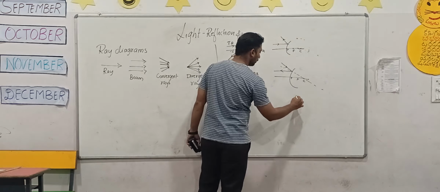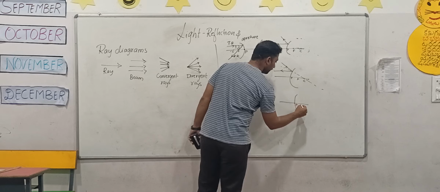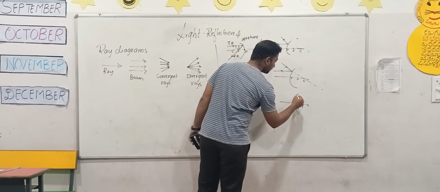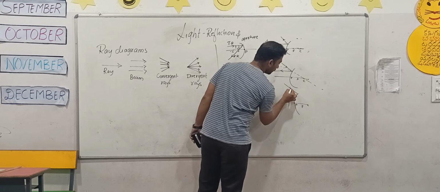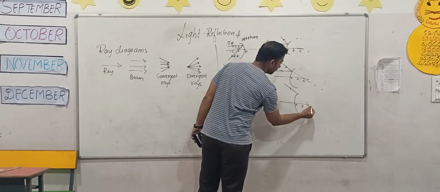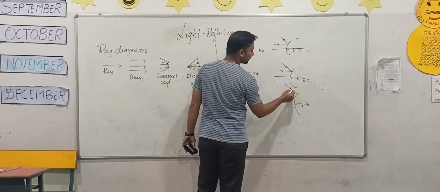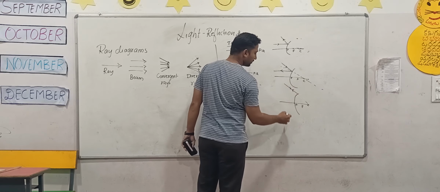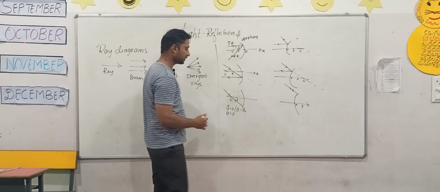And here in the convex mirror, this is the point P and F and C. If it appears like the point of incidence is at C, it means the reflected ray also retraces its path. In both cases the ray of light behaves similarly.